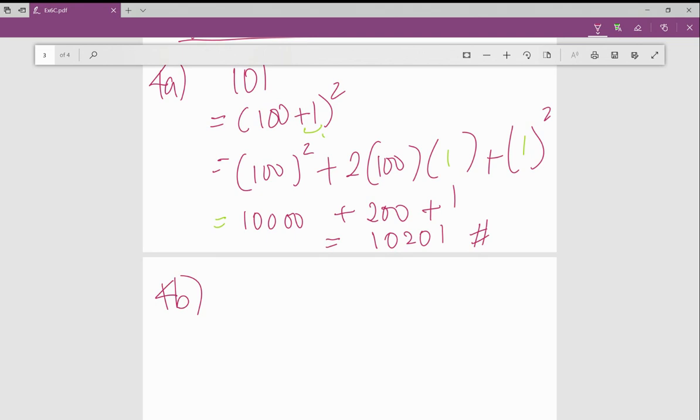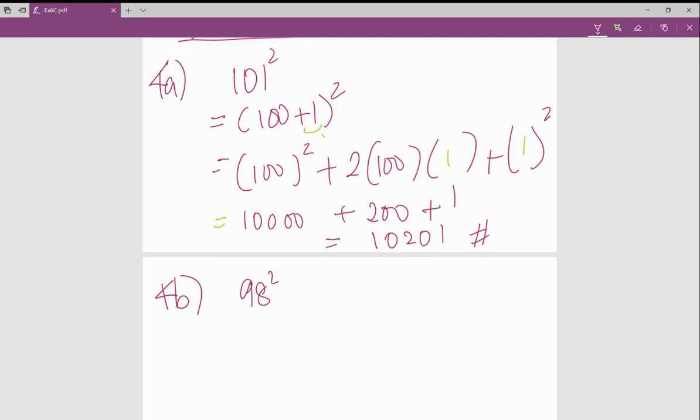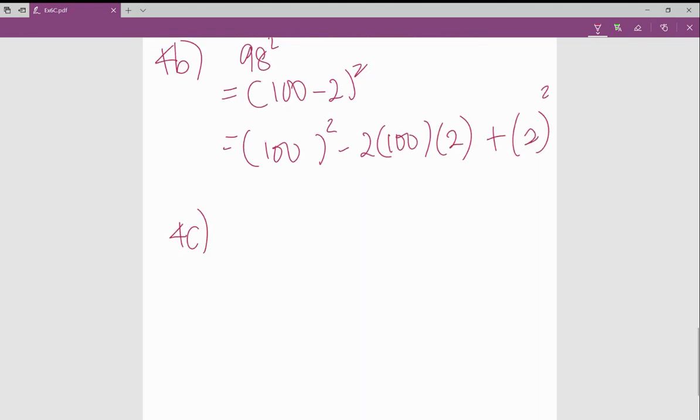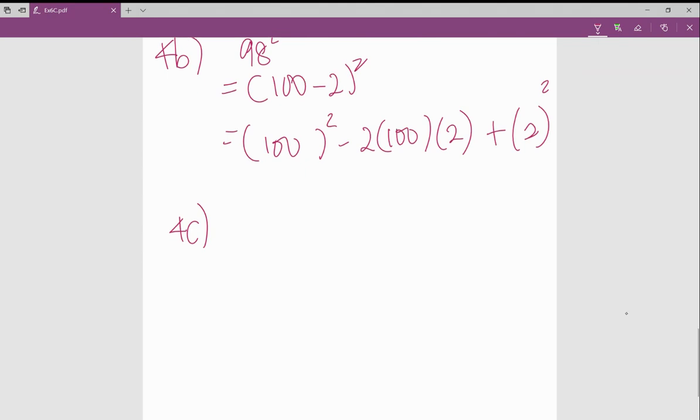I'm going to do 4b for you too. 98 squared. 98 squared is actually (100 minus 2) squared. Again, you can break it up to a squared minus 2ab plus b squared. a is 100, b is 2, and then you simplify. 4c is a bit unique. 4c is 62 times 58.